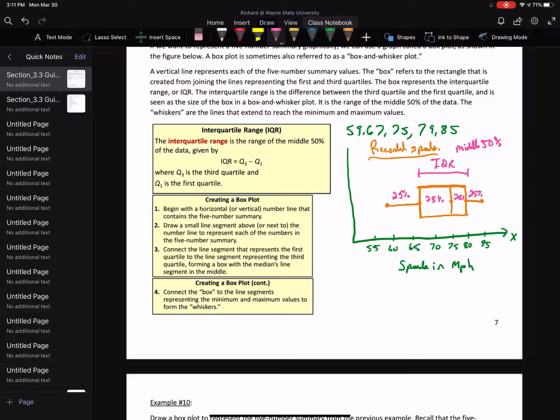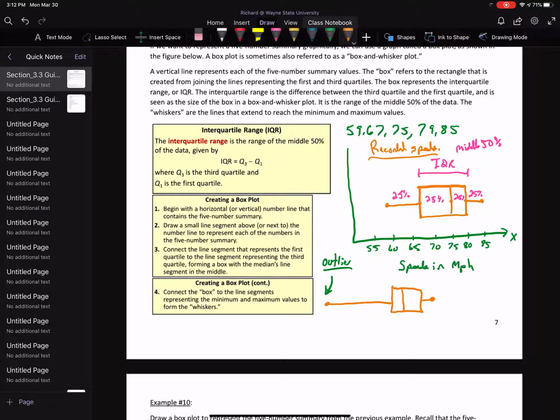What's interesting about box and whisker plots is, let's consider this one, just a rough drawing here. If you had that, this value here is an outlier. So we can see outliers in box and whisker plots really easily. That's what's really cool about these.